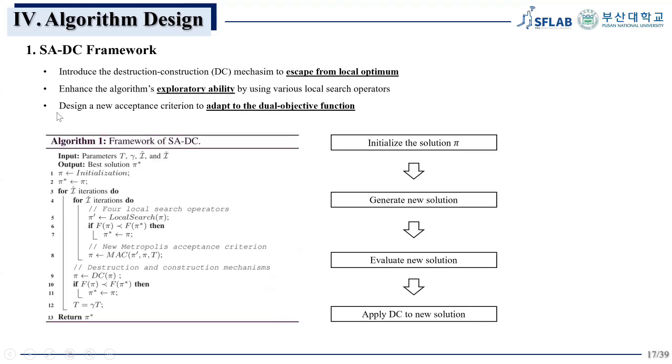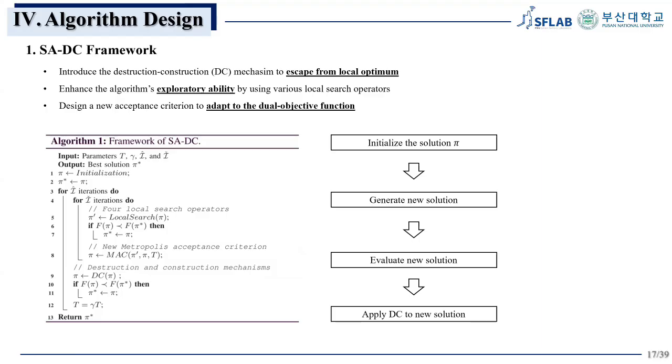The framework that we propose is called the SADC framework. We introduce a destruction and construction, or DC, mechanism to escape from the local optimum. It is the ability to modify the solution into a new one, which allows the algorithm to escape from local optimum.